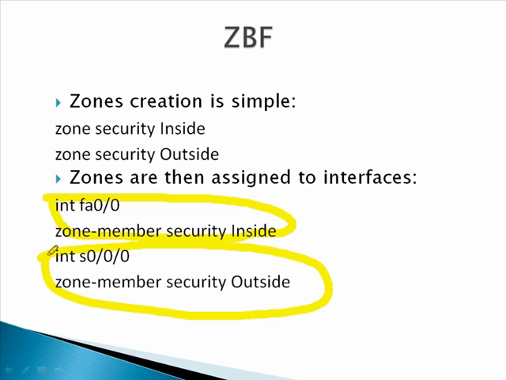So if you have an interface that you haven't added to a zone, it's still going to work on the router, but if the traffic is destined from that interface to an interface that's assigned to a zone, that's not going to happen. You're going to have to create a new zone and add that interface to it.